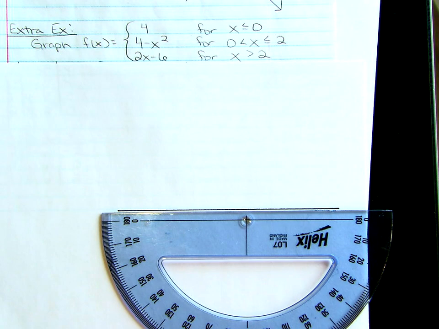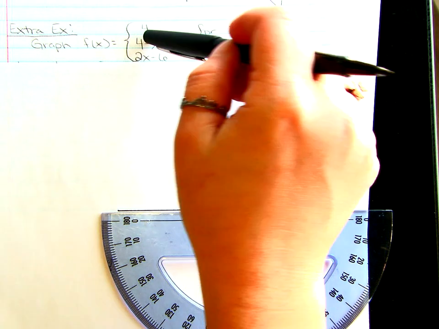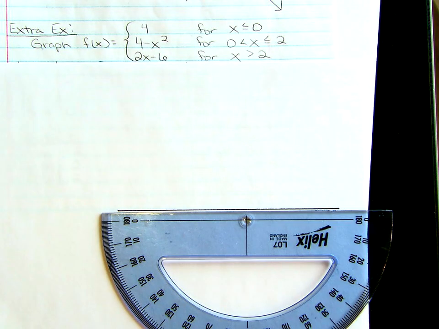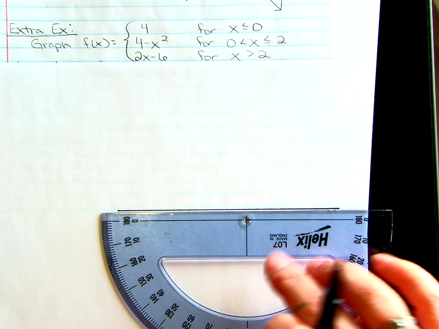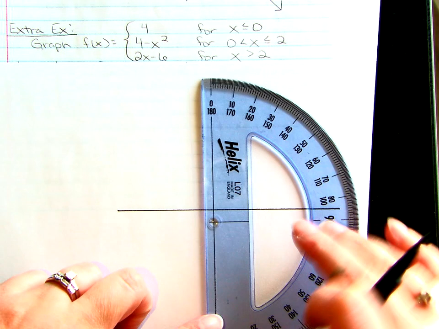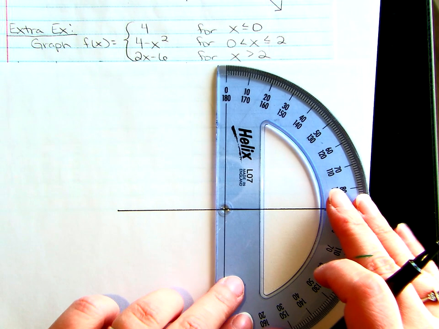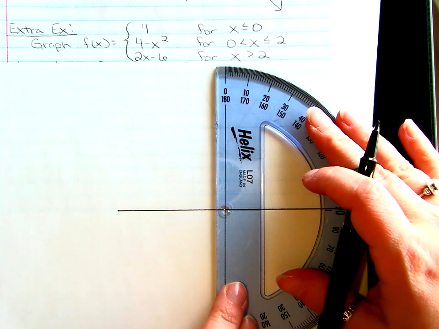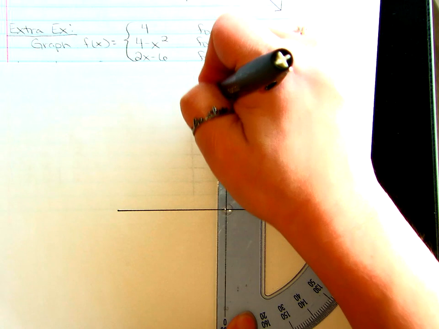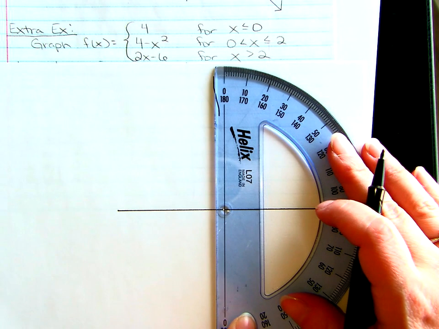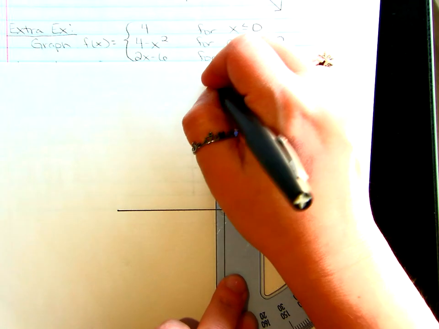Okay, that glares. Yeah, sorry. 4 minus x squared on that one. Oh, I moved it. Sorry about that. Please ignore that squiggle. That's not anything.